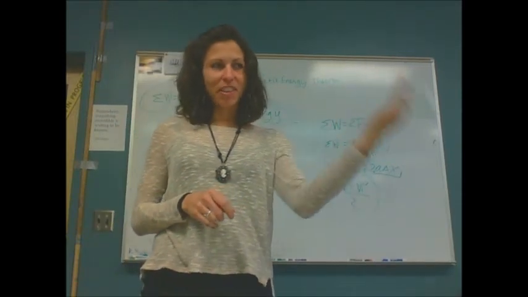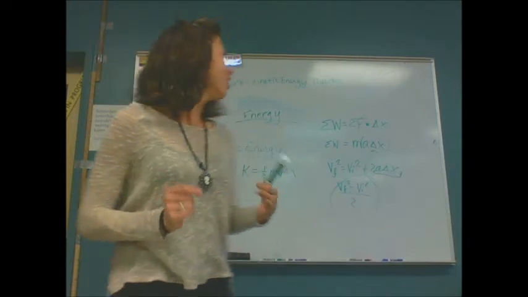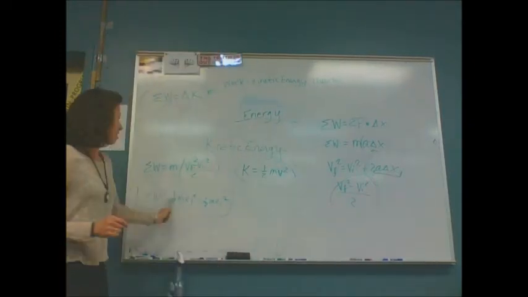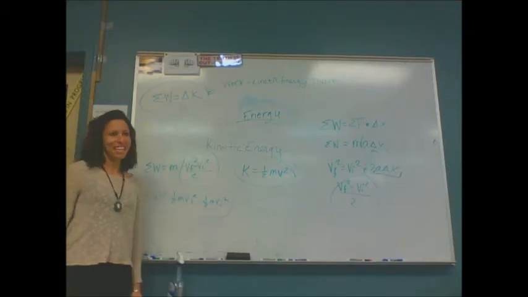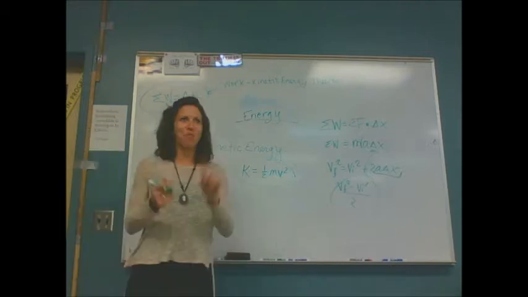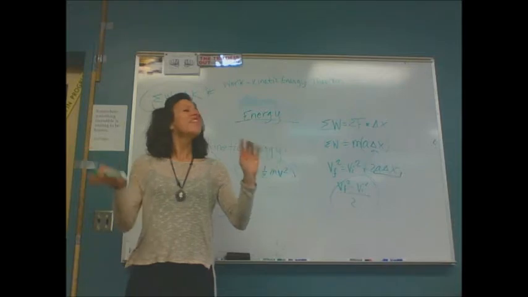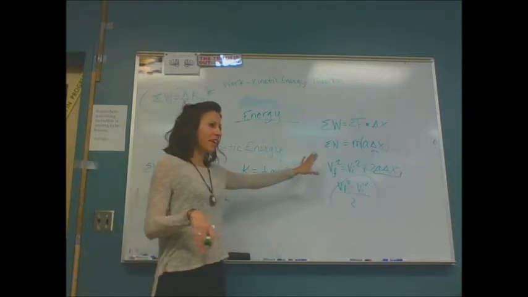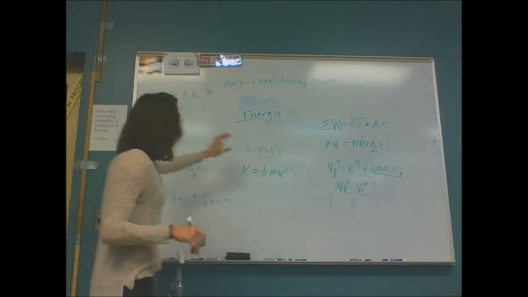That doesn't mean that the net work on me wasn't 0. I did work, but so did something else: gravity, which creates potential energy. When I did work against gravity, which is how I run, what I created was potential energy.